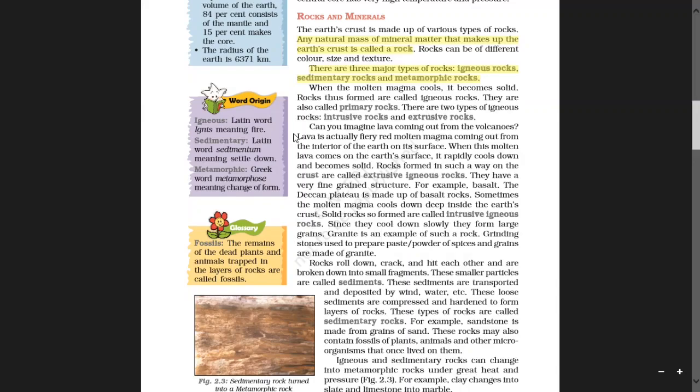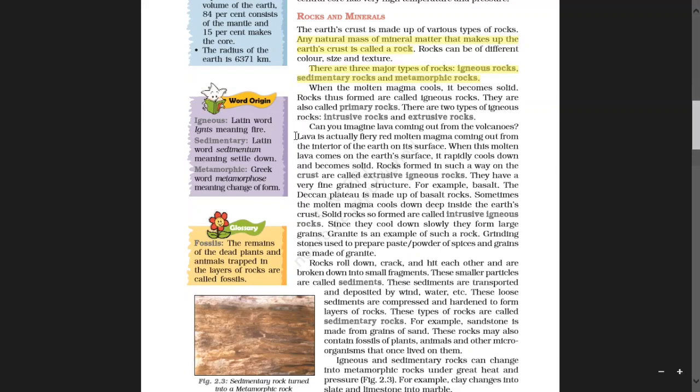Then boys, they have a very fine grained structure. For example, sorry, I have to start from here. Can you imagine lava coming out from the volcanoes? I think you are familiar with that.